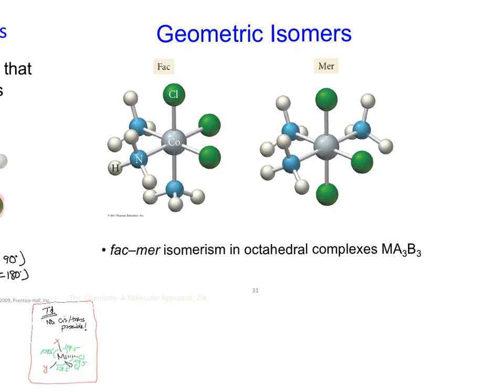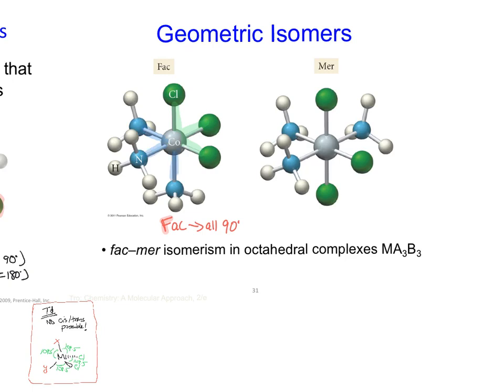And in this case, I have 3 chloros and 3 amine ligands. This first structure is our fac configuration, or facial. And here we have all 90-degree bond angles. So if we look at the chloros, I can see these are all at 90 degrees. And the amine groups are also all at 90 degrees by default.